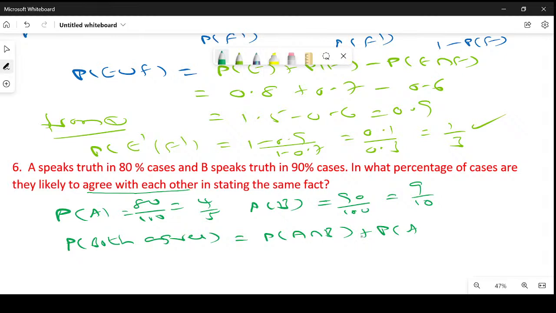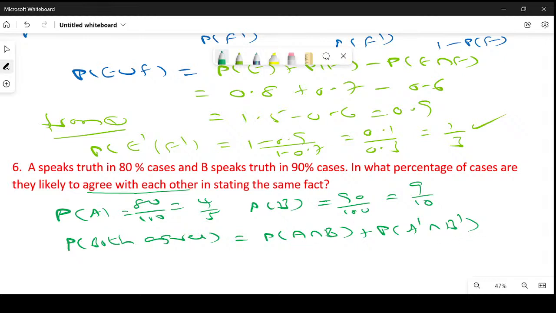They can both be speaking truth, or both telling lie. Speaking truth is P of A intersection B. Telling lie is P of A complement intersection B complement. Both agree means both speaking truth or both telling lie.